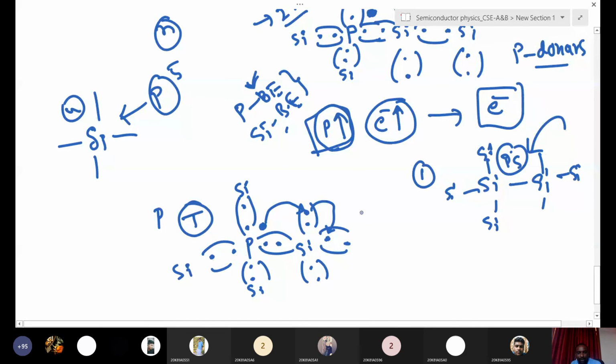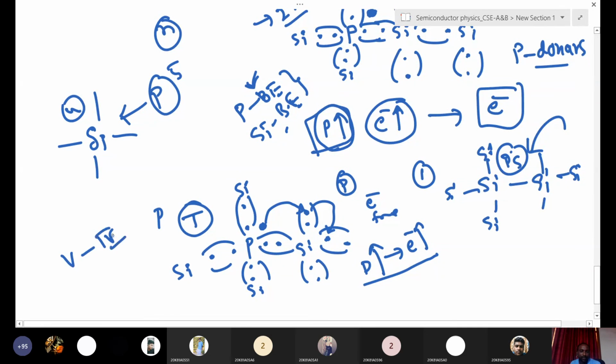So if you add one phosphorus atom, you get one free electron. If you increase phosphorus atoms, the electron concentration also increases in the n-type semiconductor. If you add fifth group elements to fourth group elements, we increase the number of free electrons. That's why we call it an n-type semiconductor.